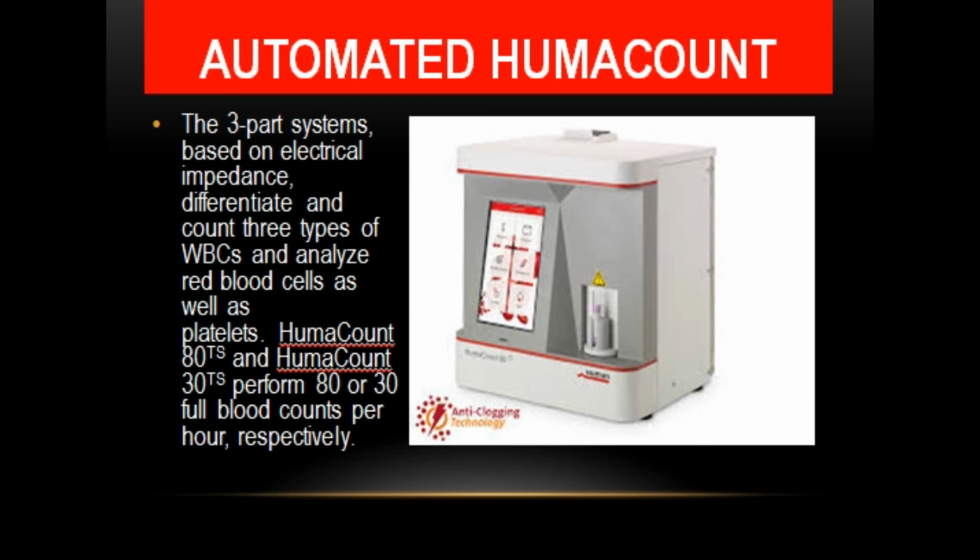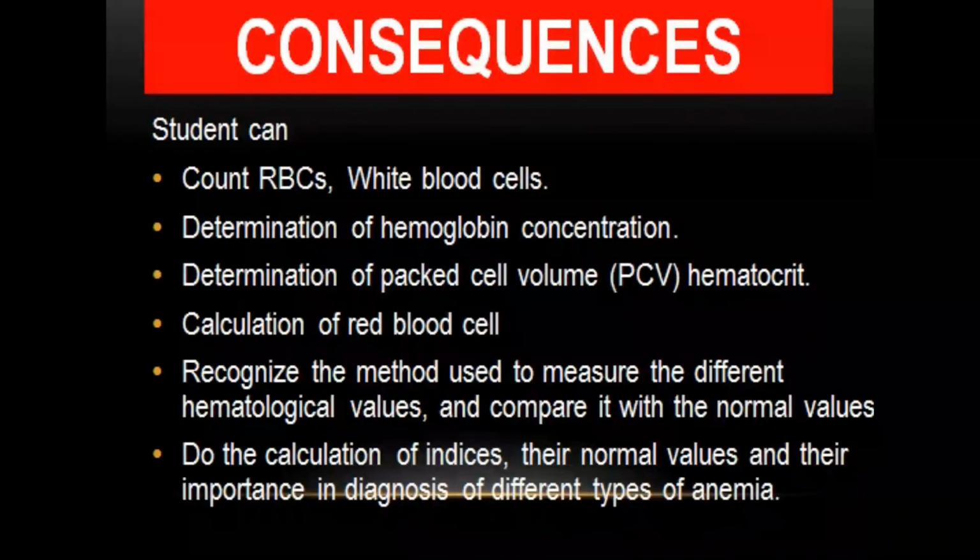What we do is remove the purple cap, place the tube at the point of the sampler, and operate the machine by giving the information of the sampling date, name and ID of the patient. The machine cleans itself, and then after cleaning it takes the sample in microliters of the blood and gives the result in a pre-printed form. What are the consequences?